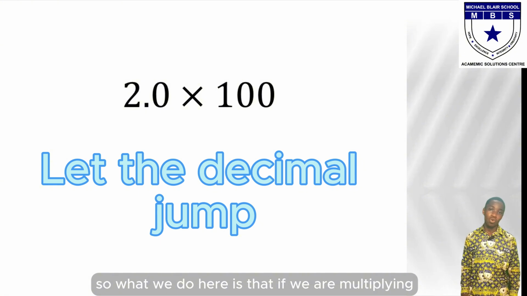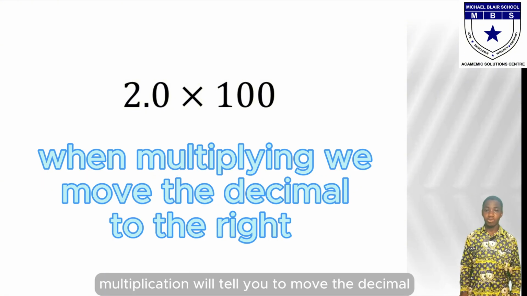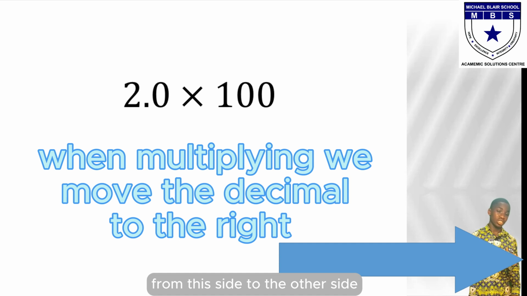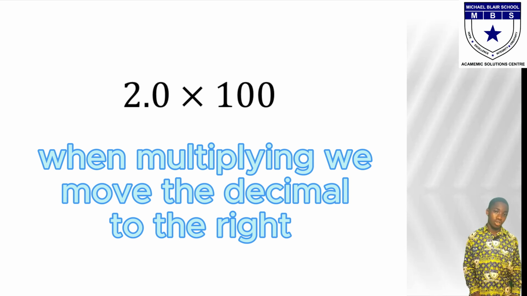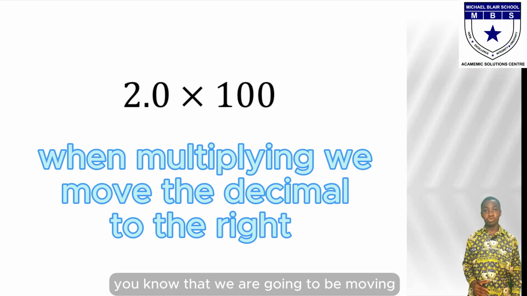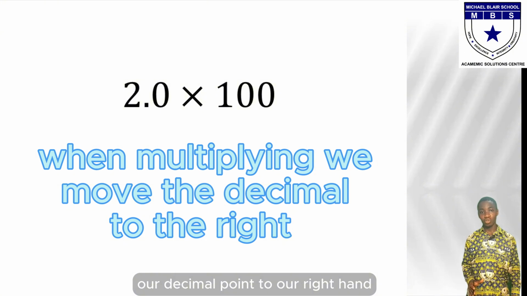Multiplication will tell you to move the decimal from this side to the other side. Knowing this very well, you know that we are going to be moving our decimal point to our right hand.